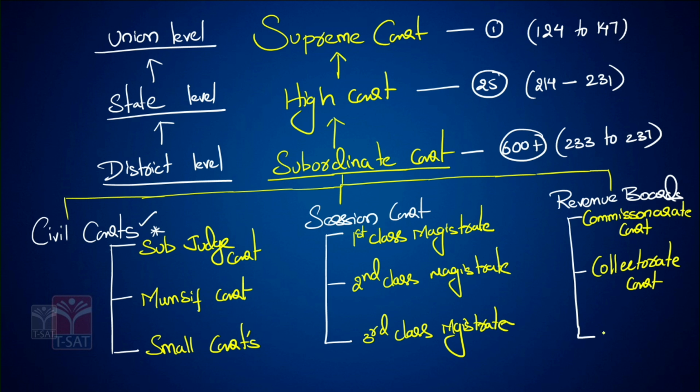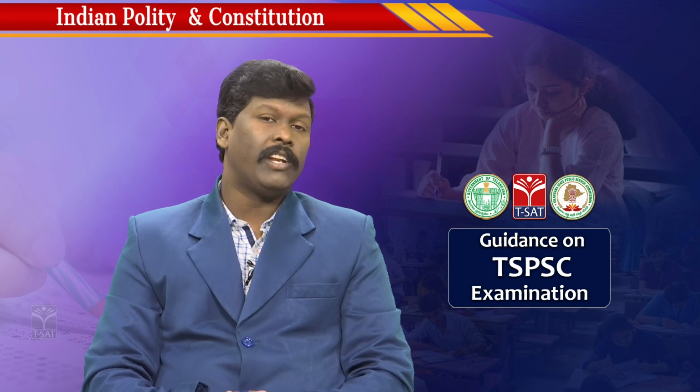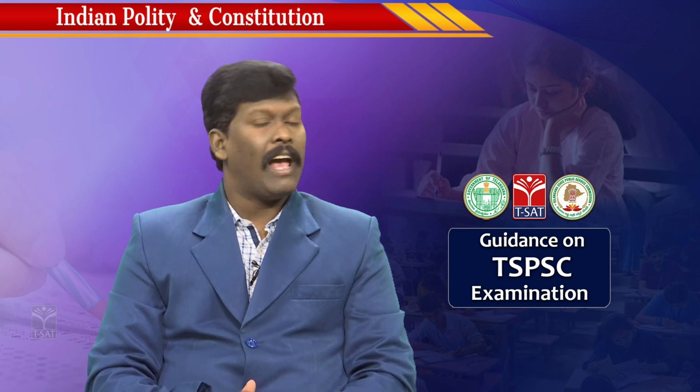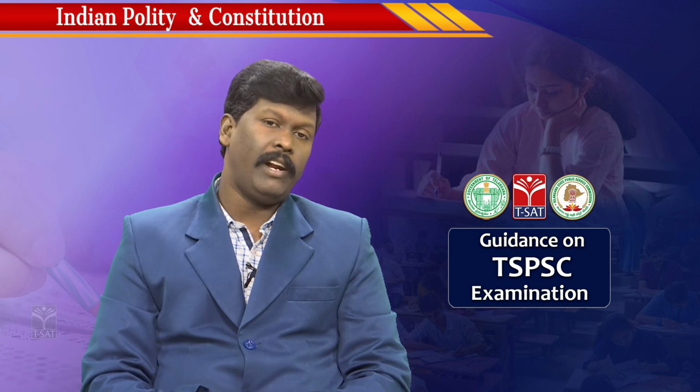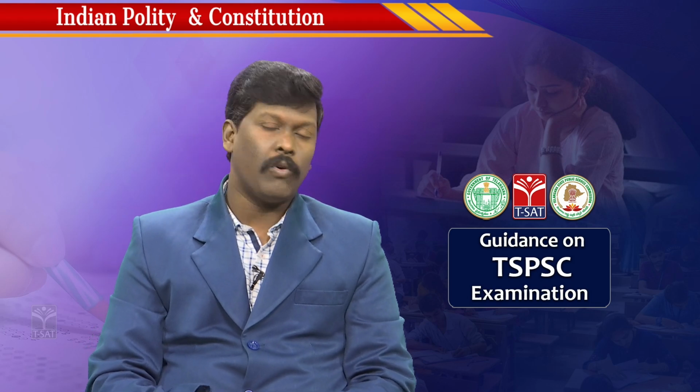And the third one is the Tahsildar court, your MRO. So this is the entire hierarchy of the courts in India. We have an apex court at the central level, at the state level, and at the district level. Below the district level, we have court structures as decided by the state government as well as the high court.